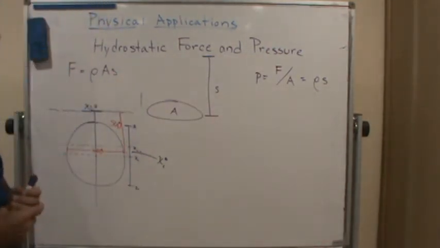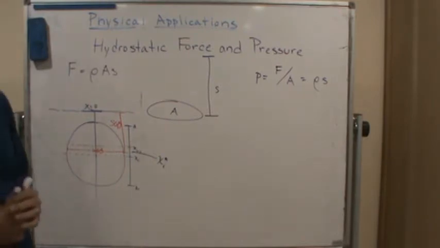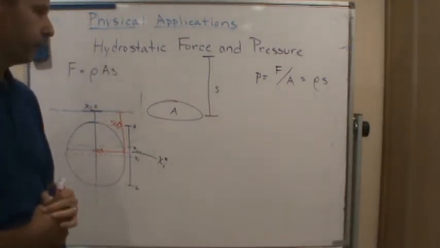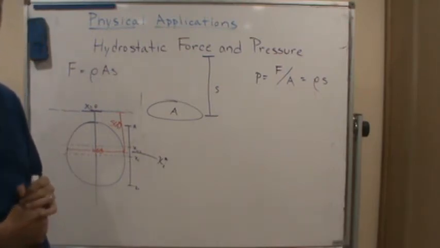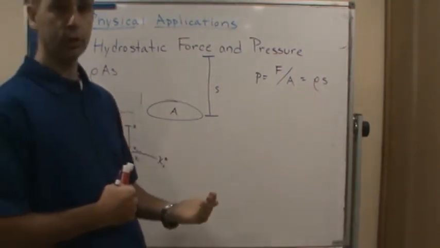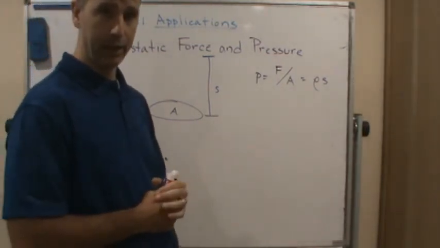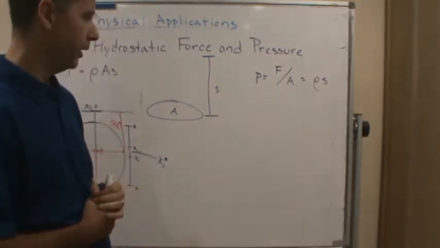Now in the English units, the units for pressure is what we call pounds per square foot, okay, or PSI, which is pounds per square inch, which is very common.